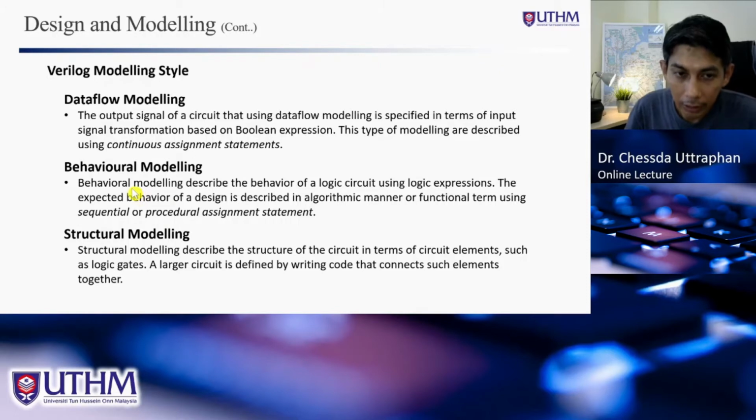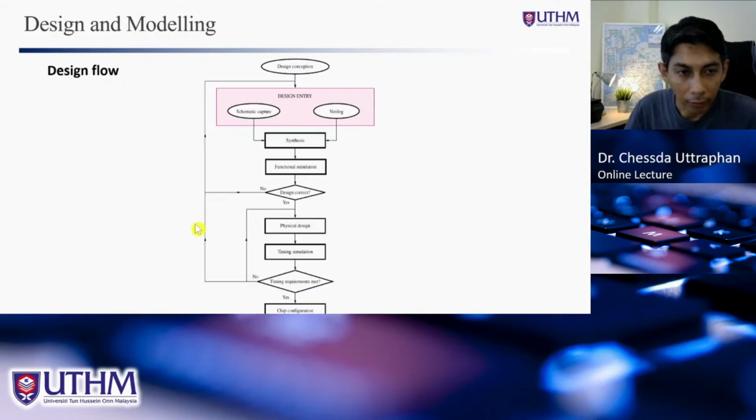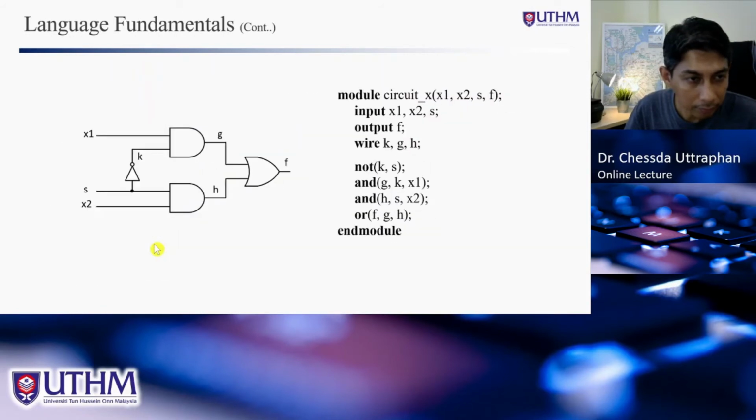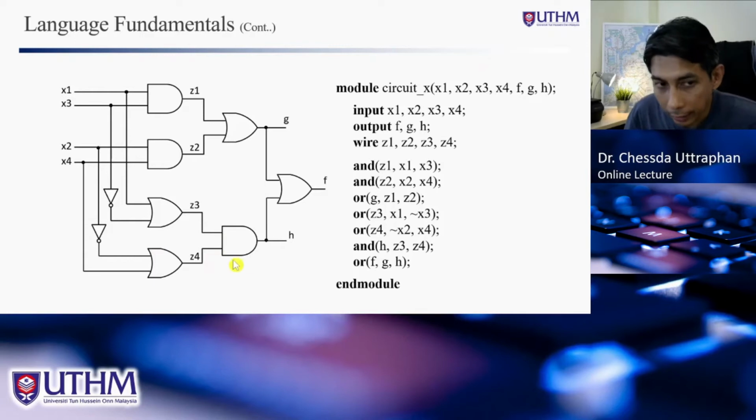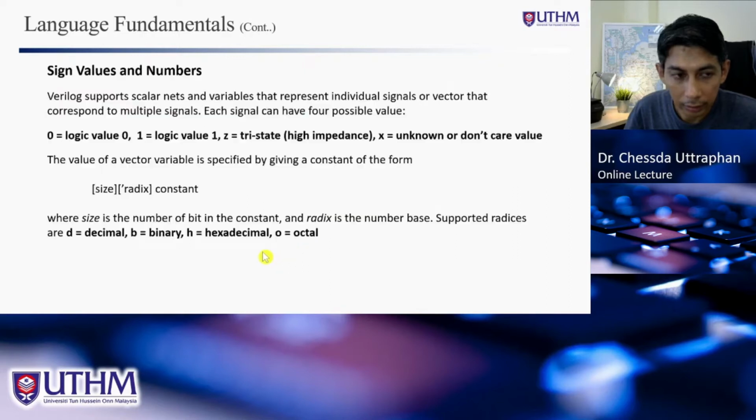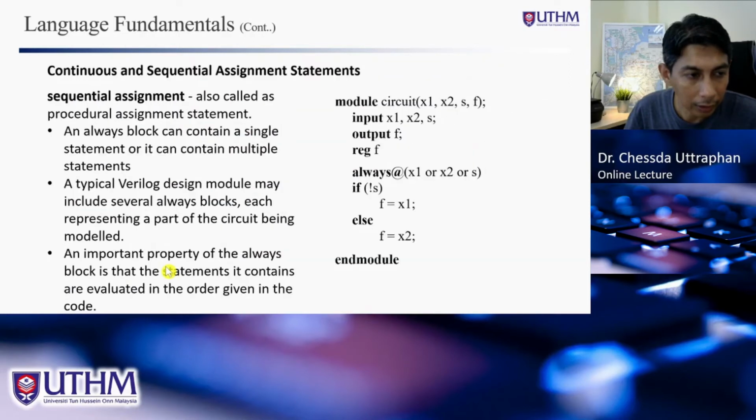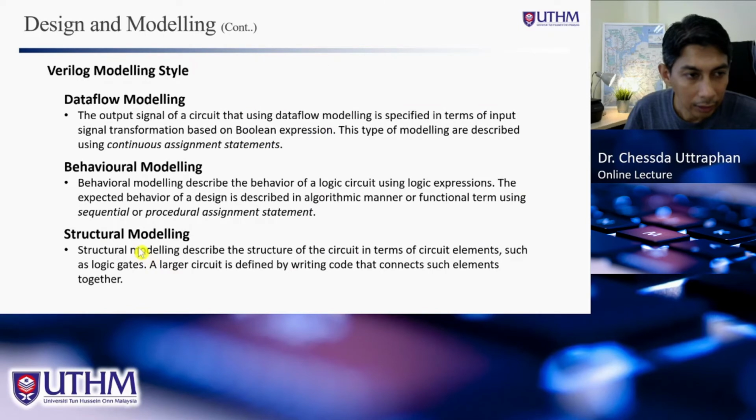For example, if you have the schematic already, and you know every connection here, you can use structural modeling. But if you don't have your schematic but you have the Boolean equation, for example, you can describe it using data flow modeling or behavioral modeling.